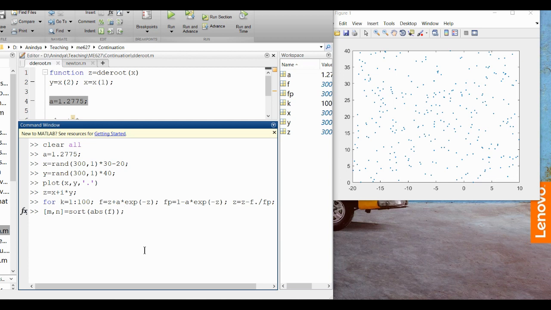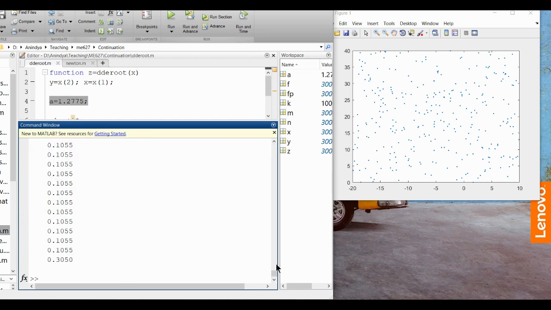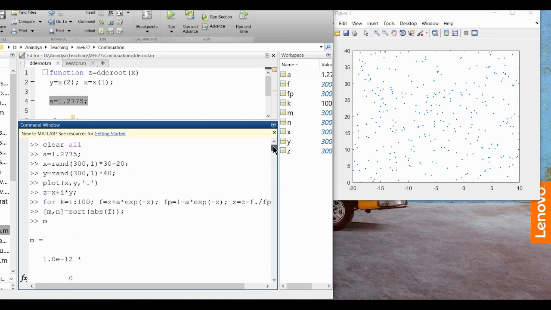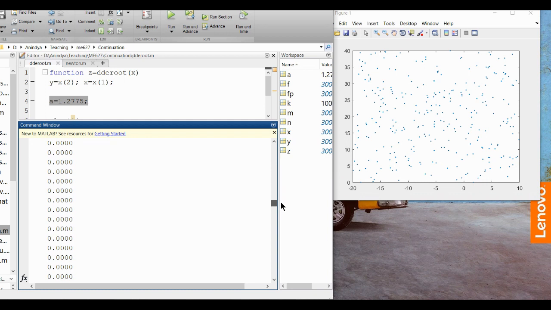Why am I doing that? If you look at the m's, you will see why. Let's see, I'll just hit it here. And you will see there are a bunch of them that are a bit big, and then many look like 0. And basically every single one has converged.